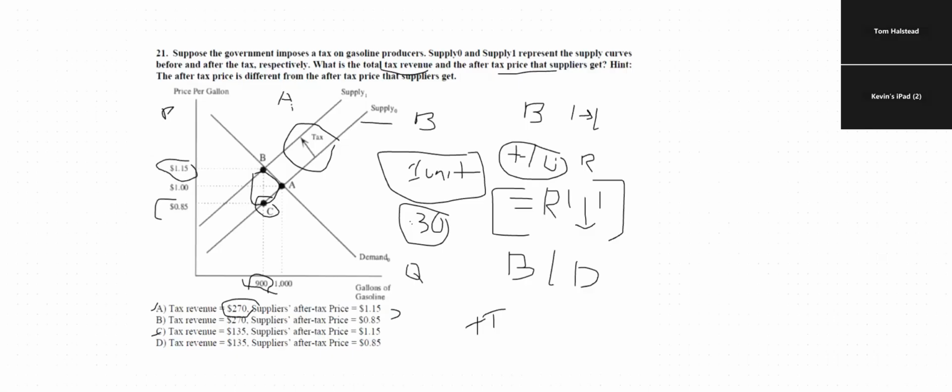But the thing that's important for this and many other problems is asking yourself, what can I read off and what do I have to do a little math on? And it's not a lot of math to subtract this from this, but you don't necessarily think that until you get around to the logic of what I'm really looking for in this question. It's like an algebra problem. That is where it says the after-tax price is different from the after-tax price that suppliers get. Well, yeah, because the government's in there now.